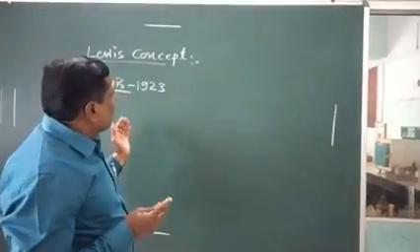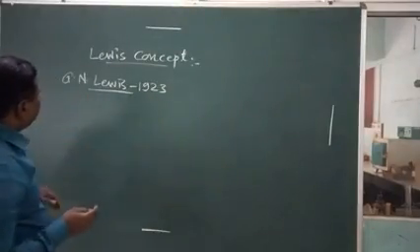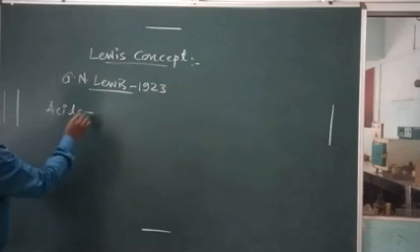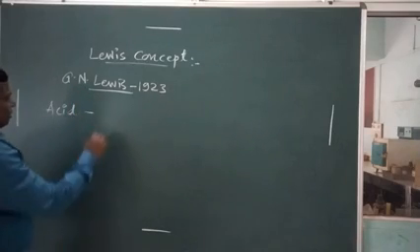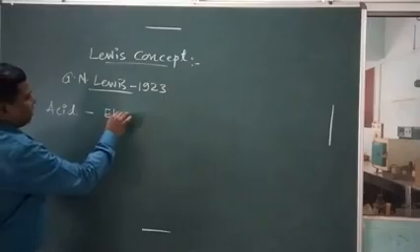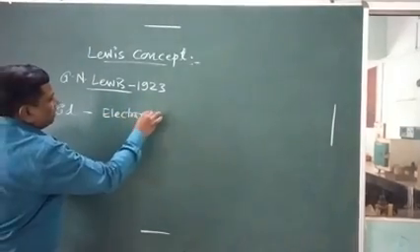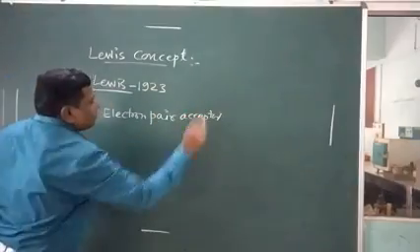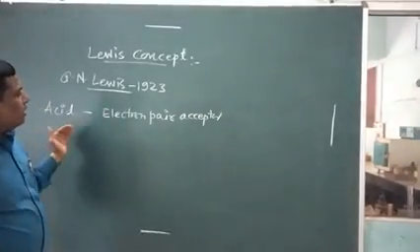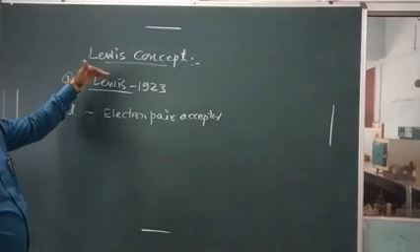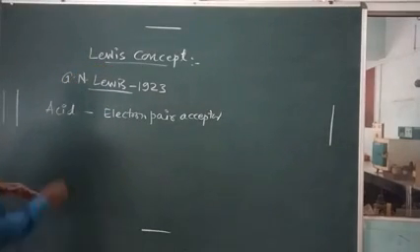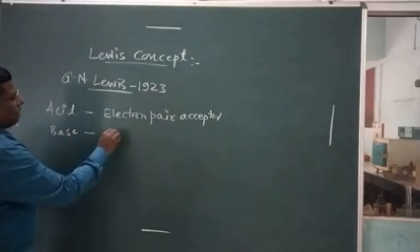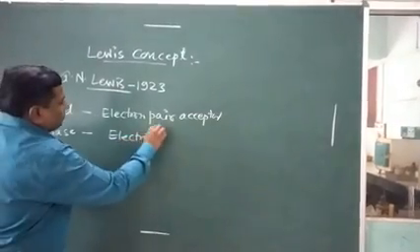Now when we take acids and bases, according to the scientist G. N. Lewis, an acid is defined as a substance which is an electron pair acceptor. And a base is a substance that is an electron pair donor.